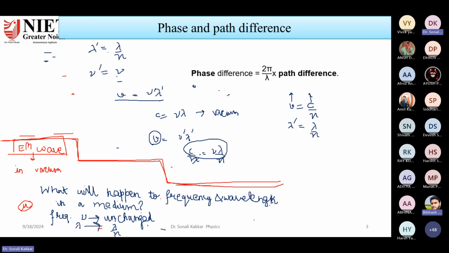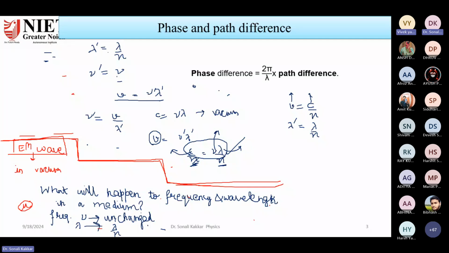That is how we can get to know that frequency remains unchanged and wavelength mimics the behavior of velocity. That is, if velocity is decreased by a factor n in a medium, it is the wavelength which is decreased by a factor n and frequency remains the same, as frequency is the ratio of velocity over wavelength.